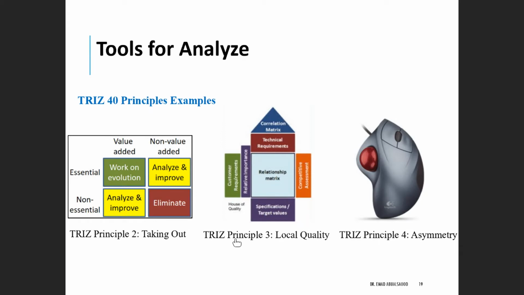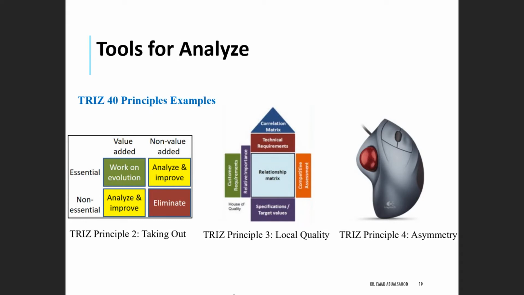At the same time, you also benchmark with your competitors and evaluate the local quality in your industry. So you do the competitive assessment, as we explained earlier, and you do the house of quality to implement the concept of local quality.